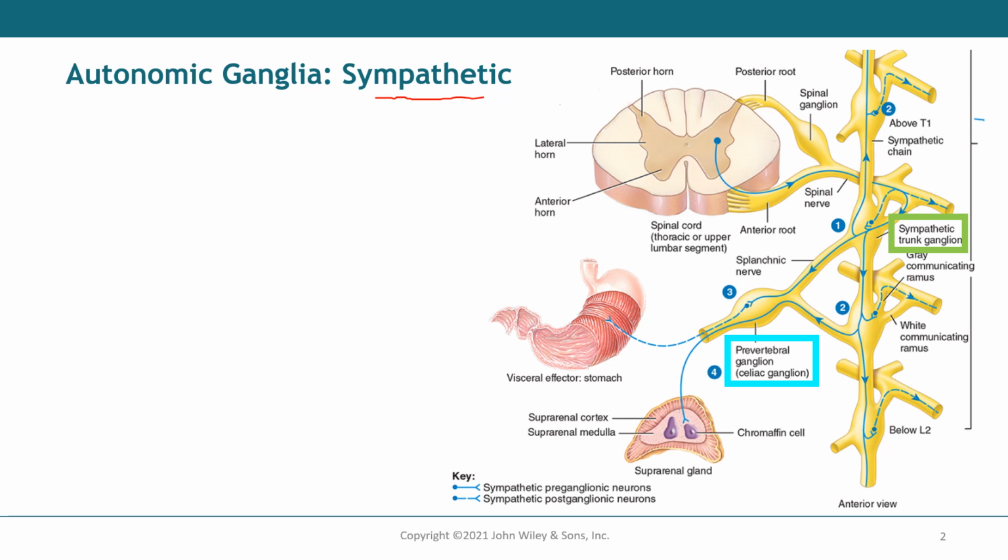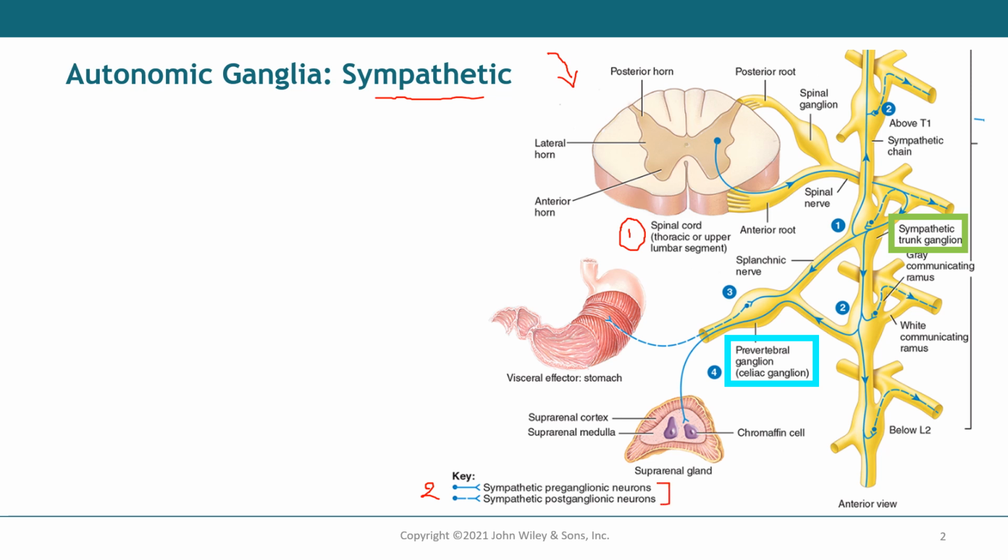In the following slides, I'm going to discuss the location and the different structures of the sympathetic ganglia. First, in your textbook, they have this diagram that shows you three main things. First, there is a spinal cord. Second, as usual, you have all these preganglionic and postganglionic neurons.